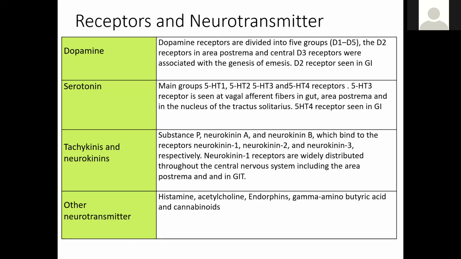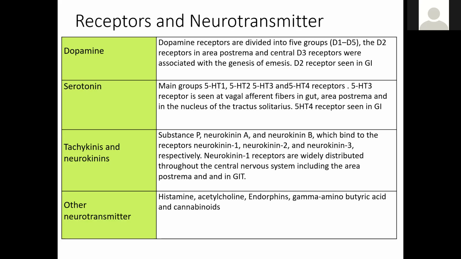We are concerned mainly about 2 things, D2 in the CTZ and D3. So we just need to remember D2 and D3 for today's purpose. We have 5 dopamine receptors, but we are thinking about only D2 and D3. And D2 is seen in the CTZ as well as in the GIT.